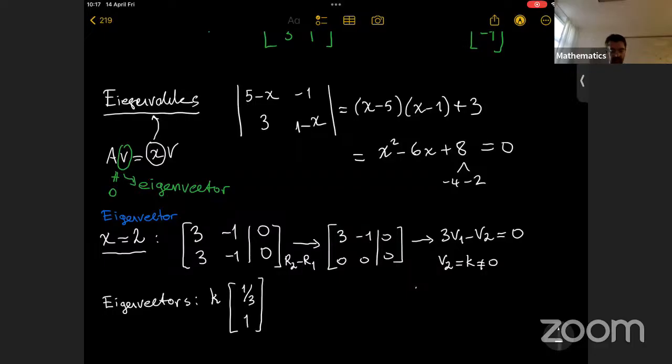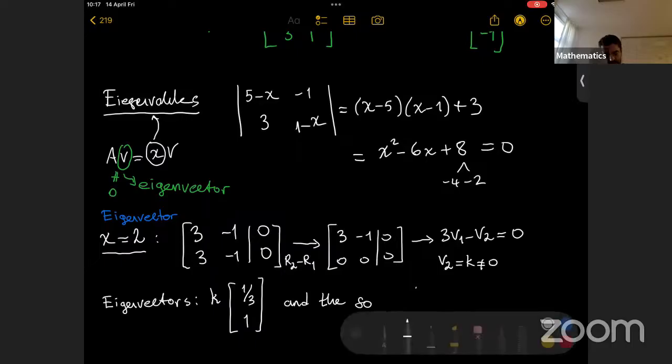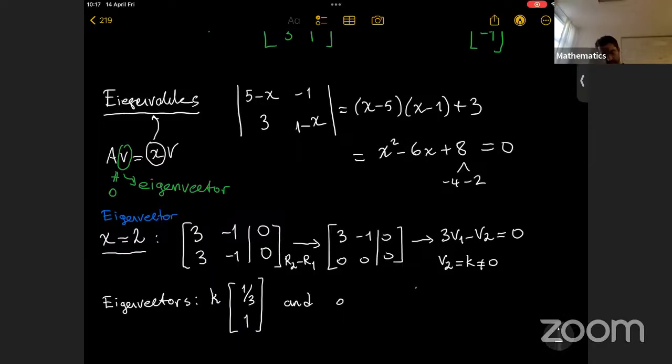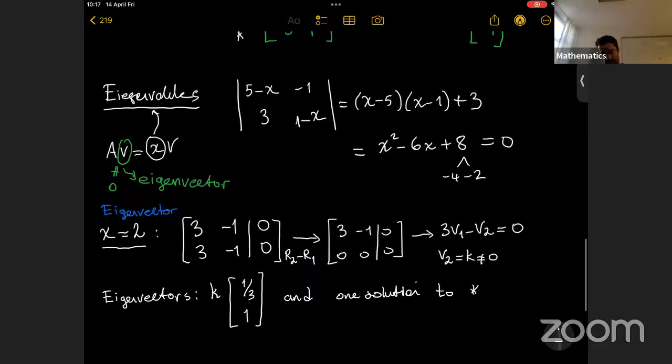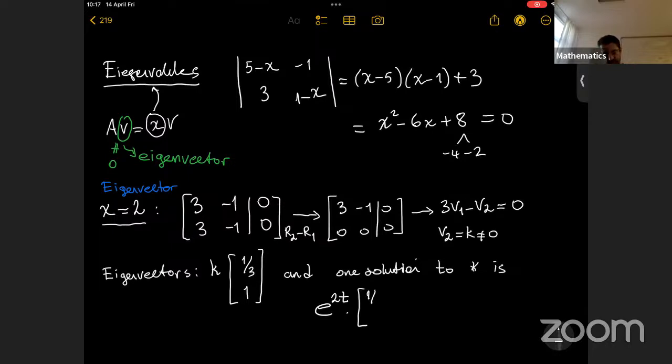So these are eigenvectors, and one solution, let's call it star here, is e to the lambda t, where lambda is 2, times an eigenvector corresponding to 2, which is (1 over 3, 1).